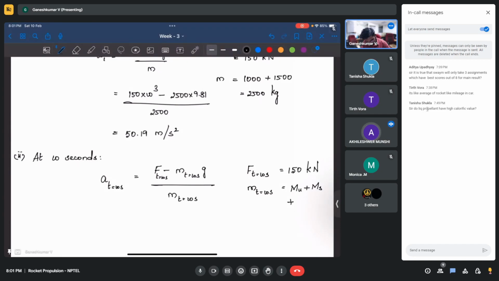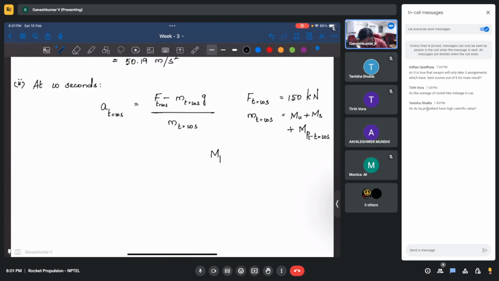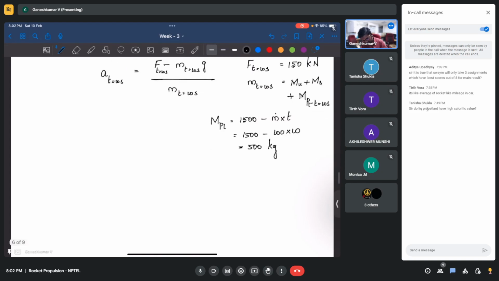So you should calculate the propellant left at t equal to 10 seconds. How do we calculate it? It's the initial propellant mass minus mass flow rate into time. So that is 100 into 10 seconds, which is around 500 kg. That is what Akhileshwar told.